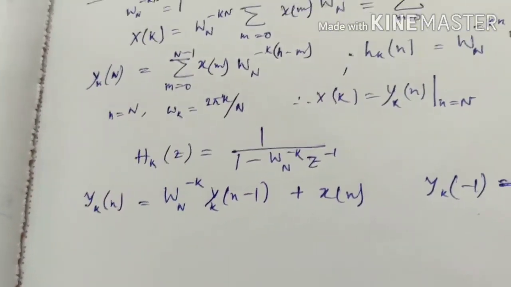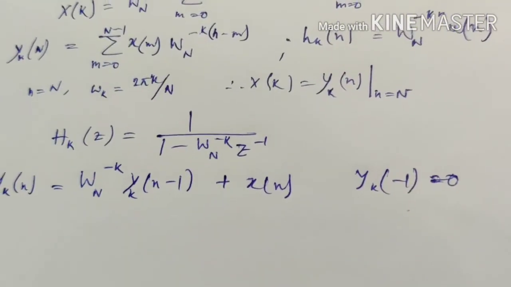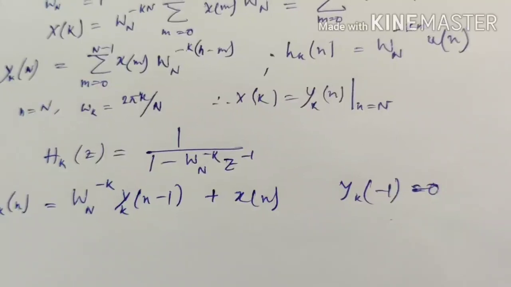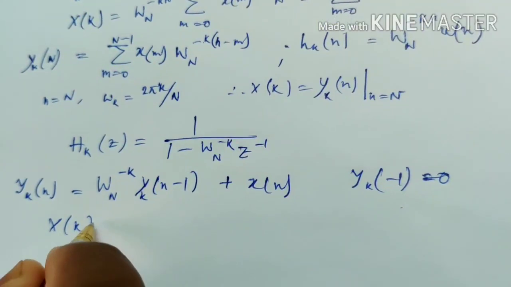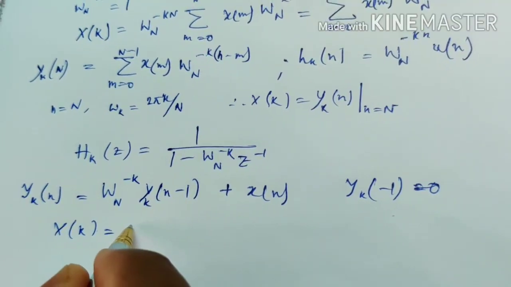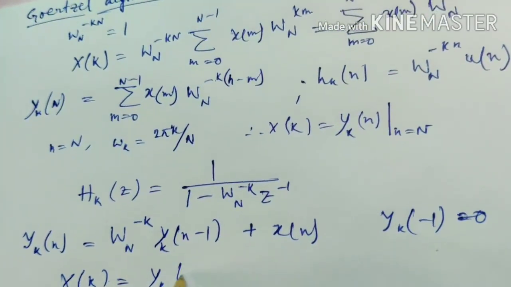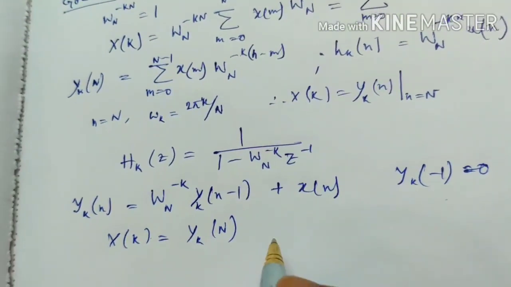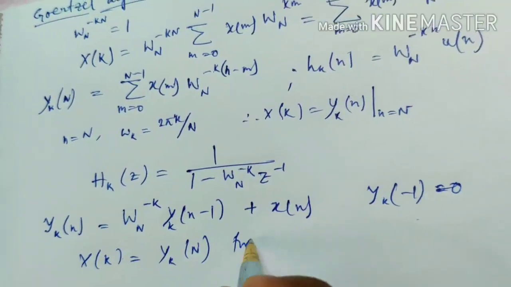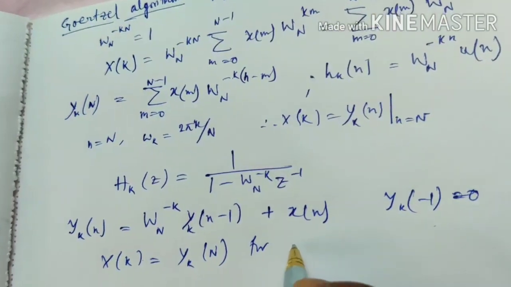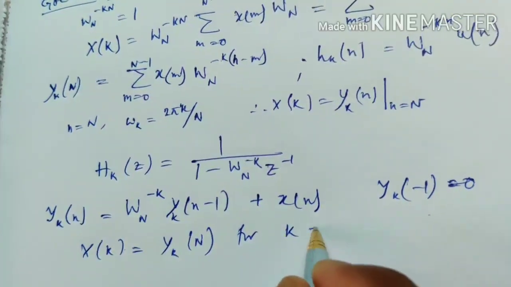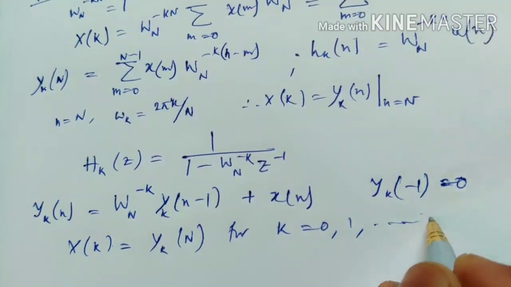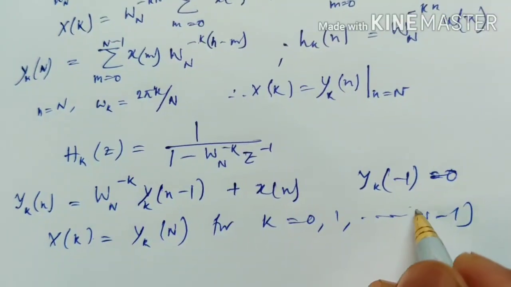So the desired output x(k) will be y_k(N) for k equal to 0, 1, up to N minus 1 points.